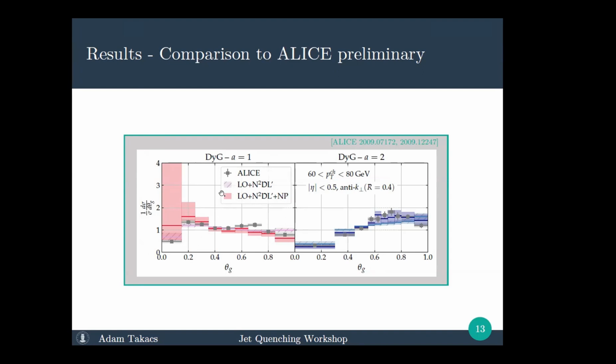But there is a difference between the analytical resummation and including non-perturbative corrections. At this pT, the non-perturbative corrections are quite sizable, but still we get an agreement with the data.